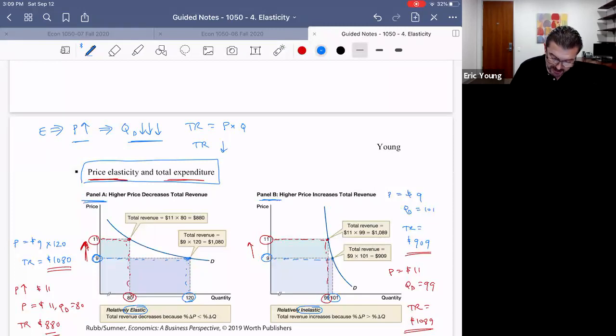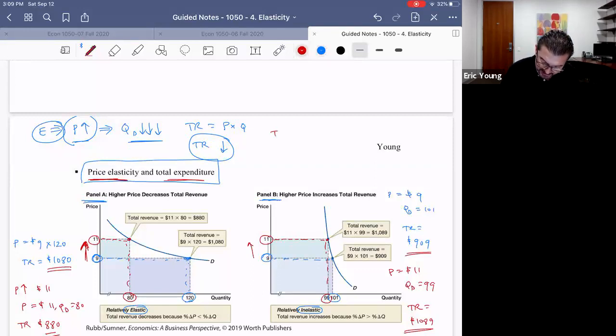So for an elastic good, the prices and the total revenues move in the opposite direction. Because if prices go in one direction, that is more than offset by a drop in sales, by a drop in consumption, and therefore your revenues go the opposite way.